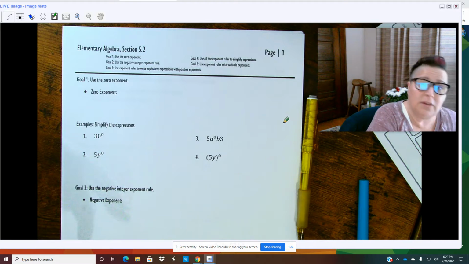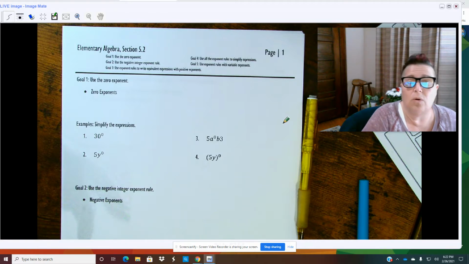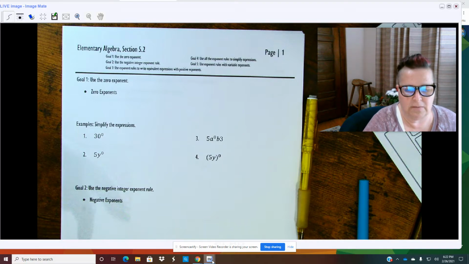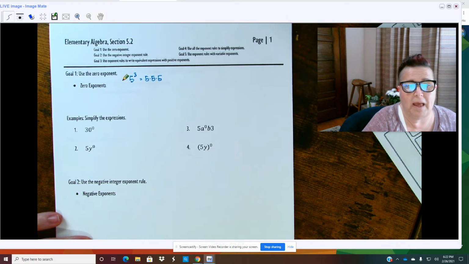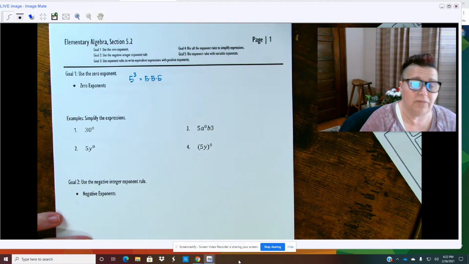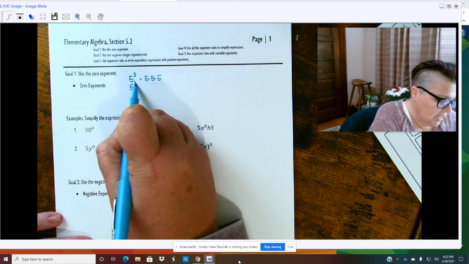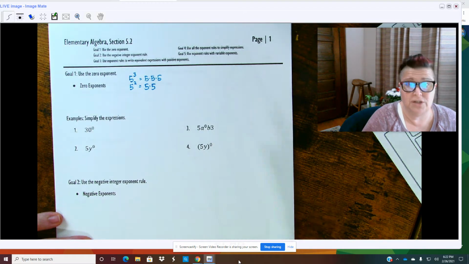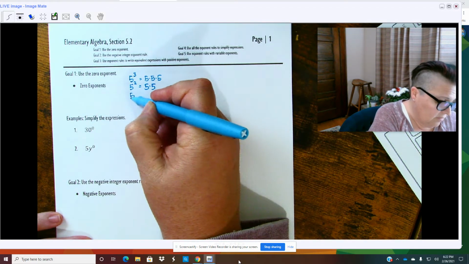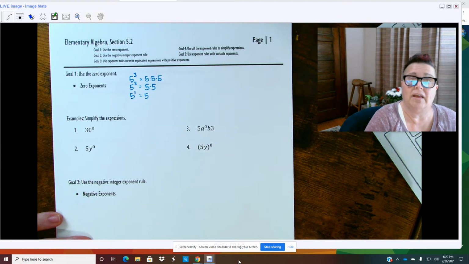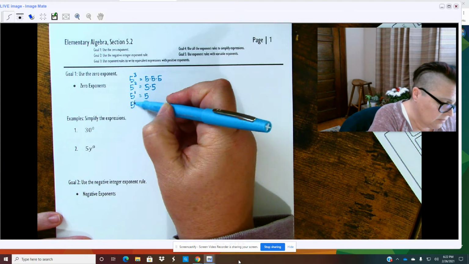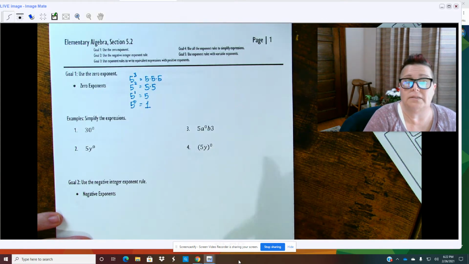If you have 5 to the 3rd power, this is 5 times 5 times 5, or 3 factors of 5. 5 to the 2nd power is 5 times 5, or 2 factors of 5. 5, which is 5 to the 1st power, is the same as just a normal 5. If you have 5 to the 0 power, that's 1.